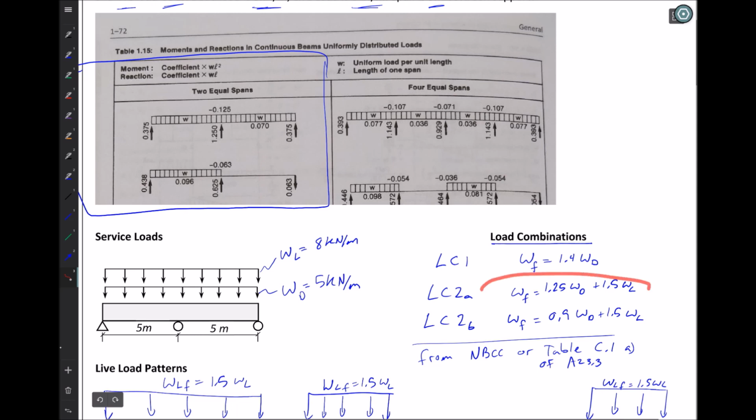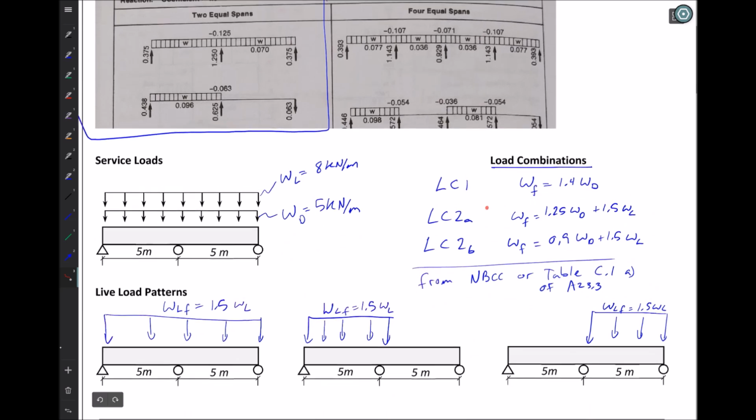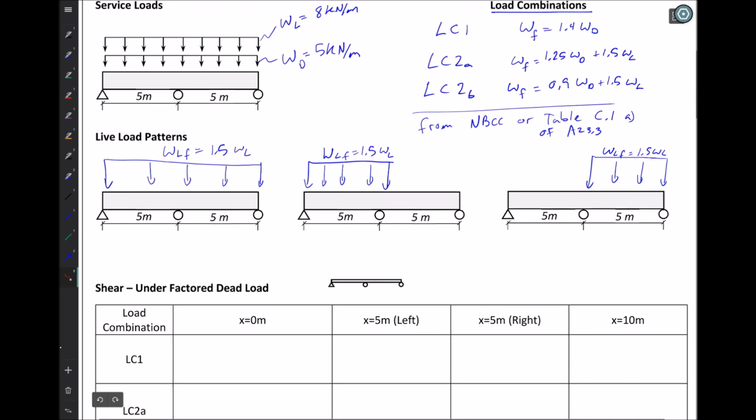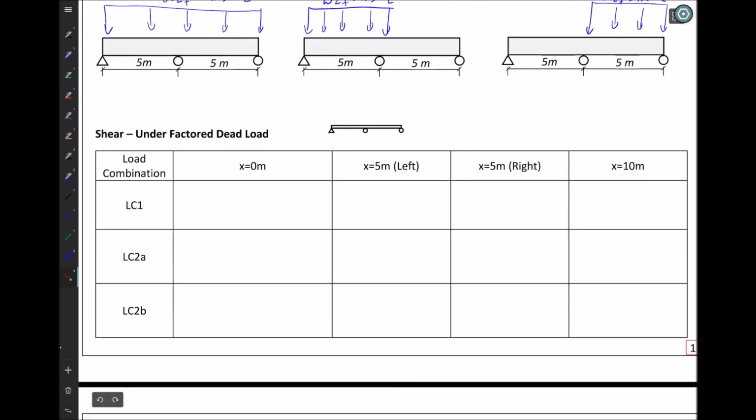In that case, we might be able to come up with this pattern or that load combination under this pattern of live load. If we keep doing that for every single point along the span and for every different permutation of live load patterns and of load combinations, then we have thoroughly exhausted all the different possibilities that are out there.